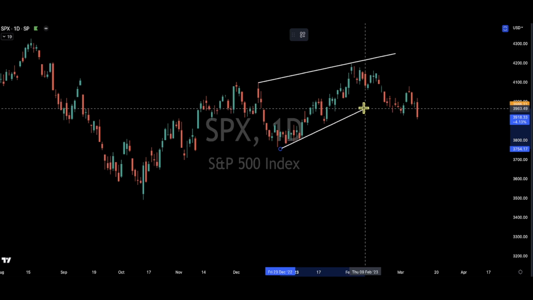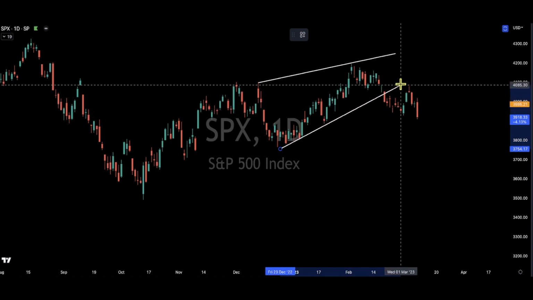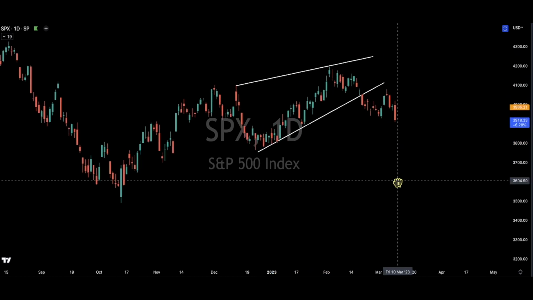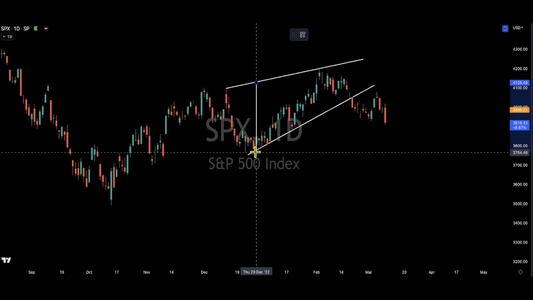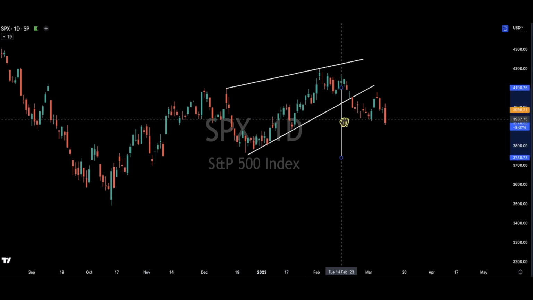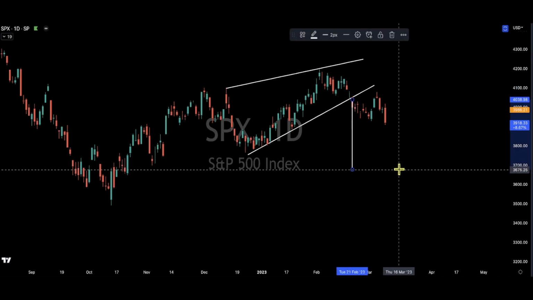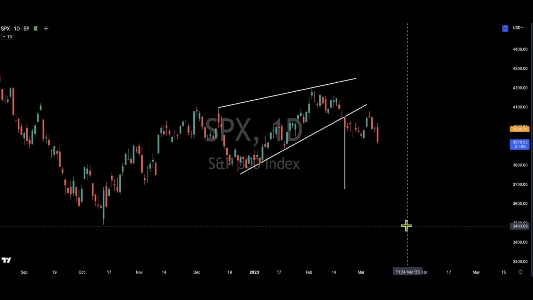So now you can see again, a rising wedge was developing, and we draw our support lines and our resistance. And if I take this, since it's more recent, I'll go about 75 to 85% of the wedge. And then here, I can tell you it's going to be about 3,700.